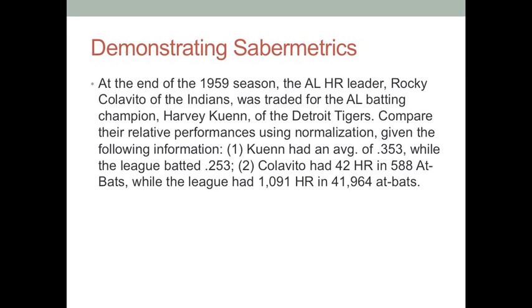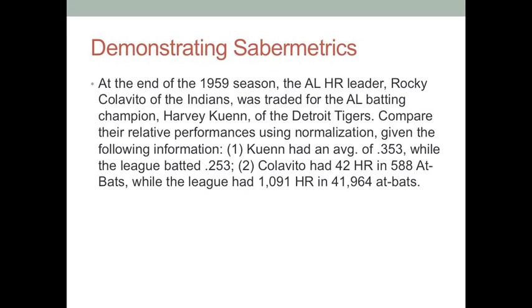Looking at some more examples, at the end of the 1959 season, the American League home run hitter Rocky Colavito of the Indians was traded for the American League batting champion Harvey Kuenn of the Detroit Tigers. Compare their relative performances using normalization and given the following information. Kuenn had an average of .353 while the league batted .253.